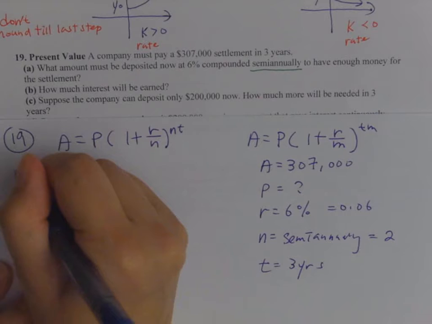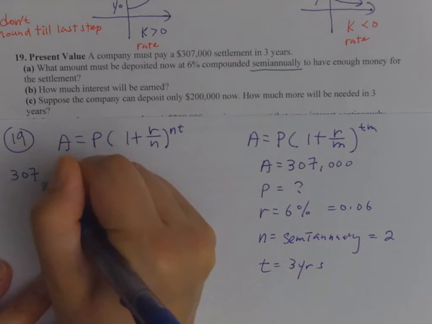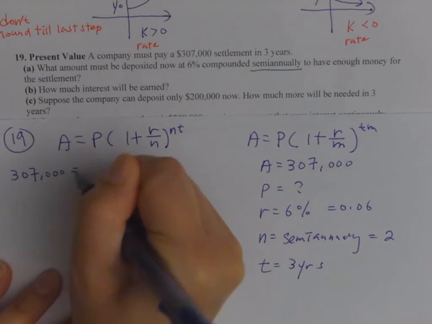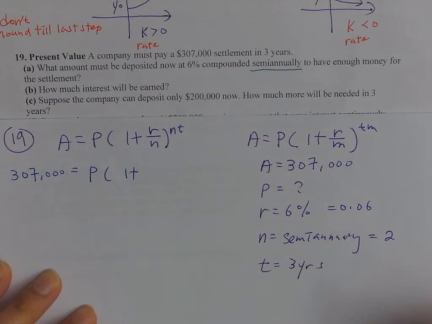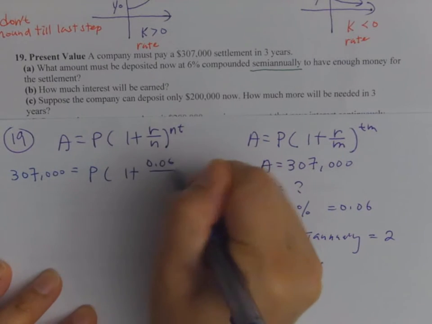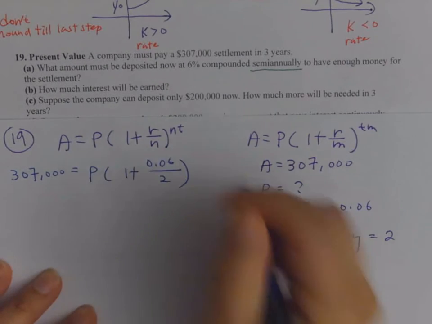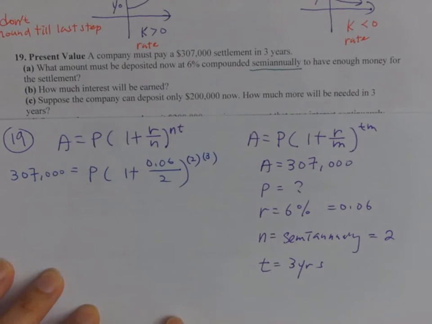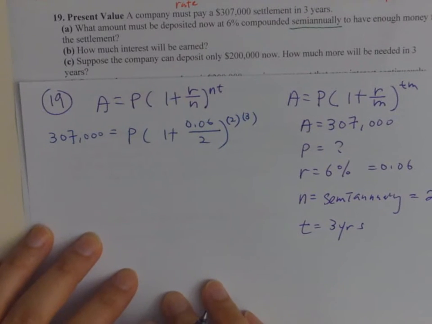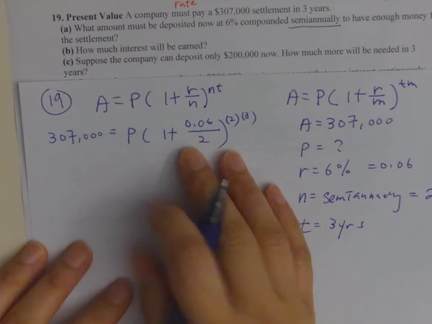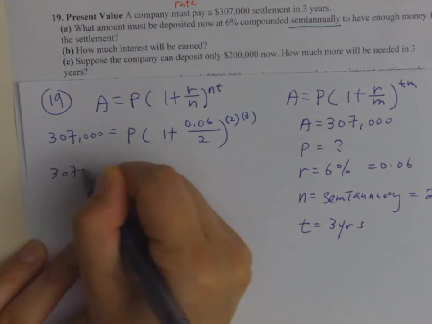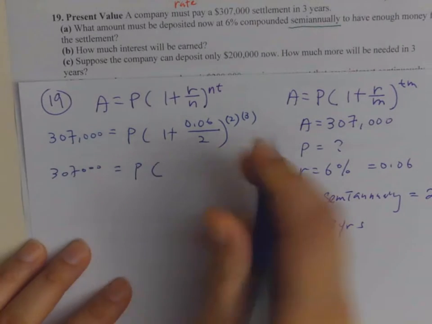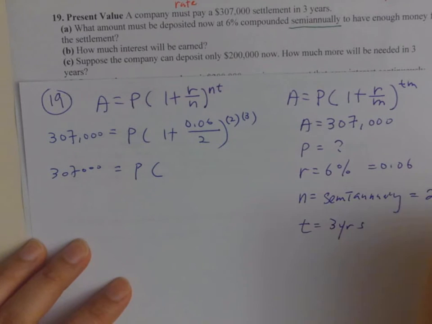So P is something we need to find, and then it's at 6%, so r is 6%, which is 0.06, and n is semi-annually, which means twice a year, and time is 3 years, right?